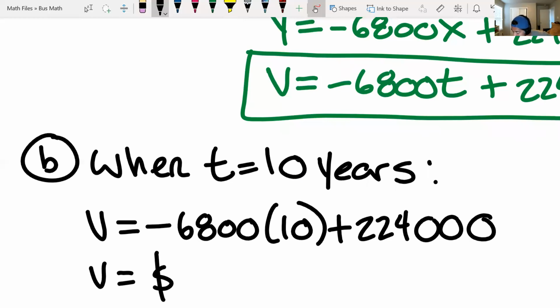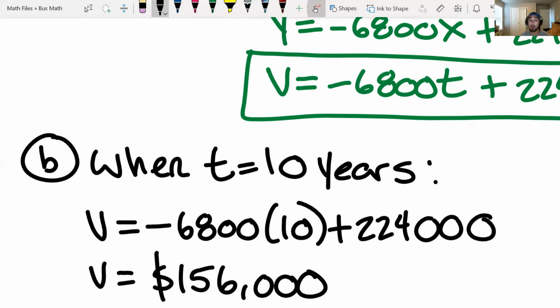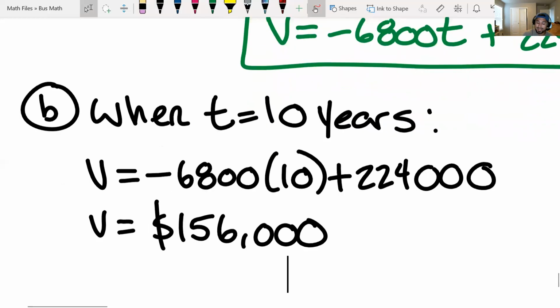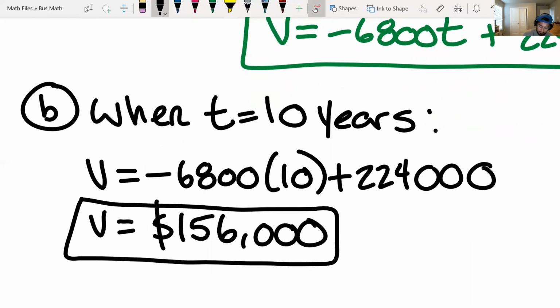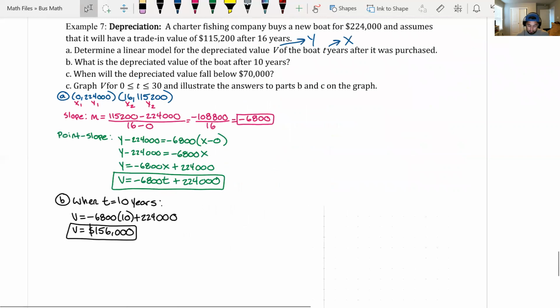Negative 6,800 times 10 plus 224,000. In 10 years, this boat will be worth $156,000. That is the boat's value after 10 years. All right.